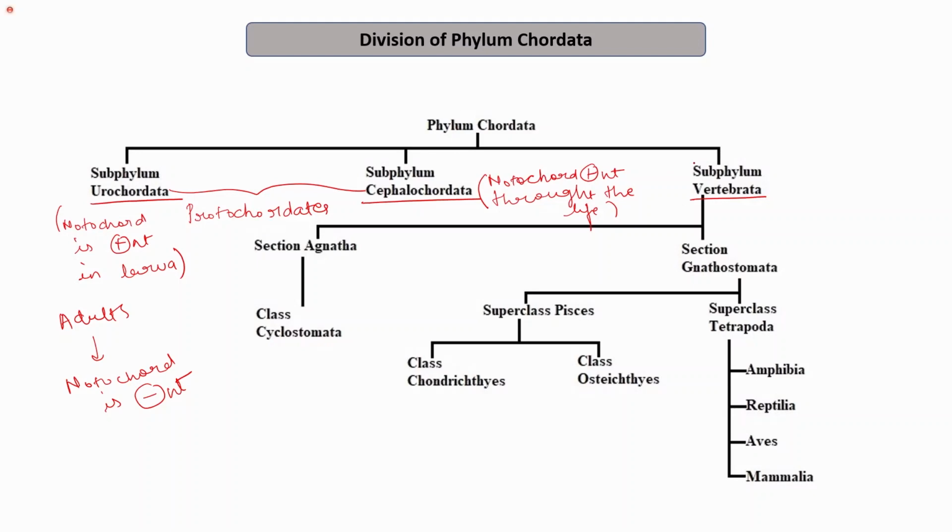Then we started with the subphylum Vertebrata. What is the main characteristic of subphylum Vertebrata?